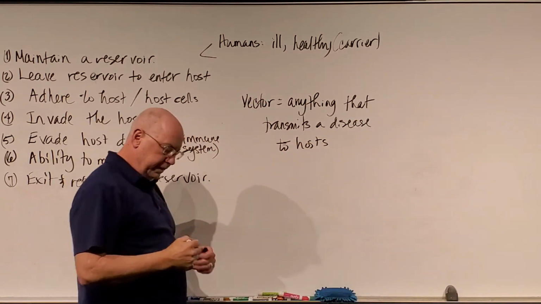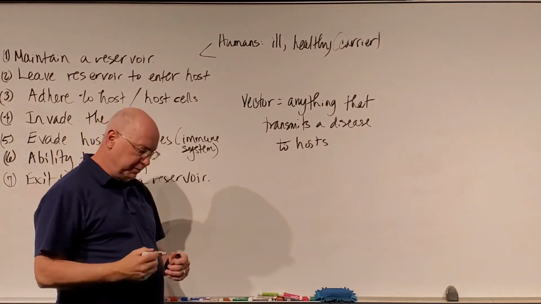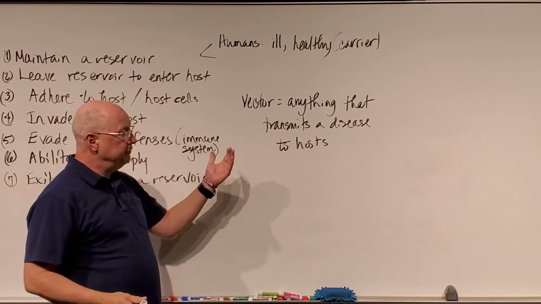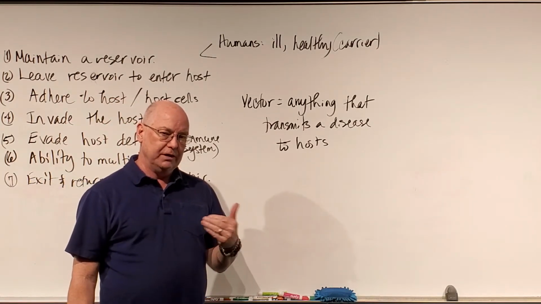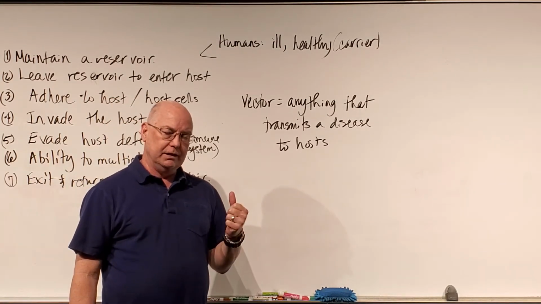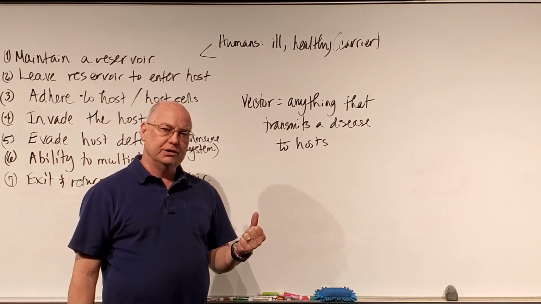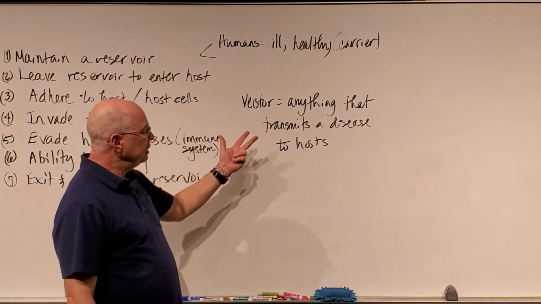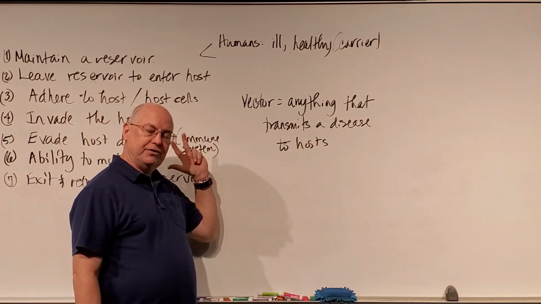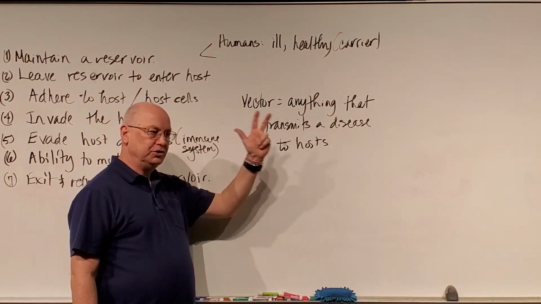Okay? And in this instance, the host is going to be a human being. So we can have vectors that transmit the disease, and sometimes those vectors are living organisms, like arthropods, mosquitoes, ticks, lice. They can transmit a disease from, say, a deer or another animal to humans.